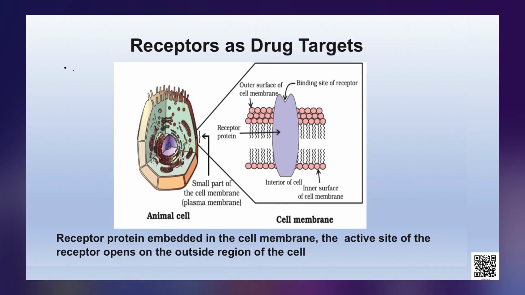Now we will discuss receptors as drug targets. Receptors are proteins that are crucial to the body's communication process. The majority of these are embedded in cell membranes, as you can see in the picture.